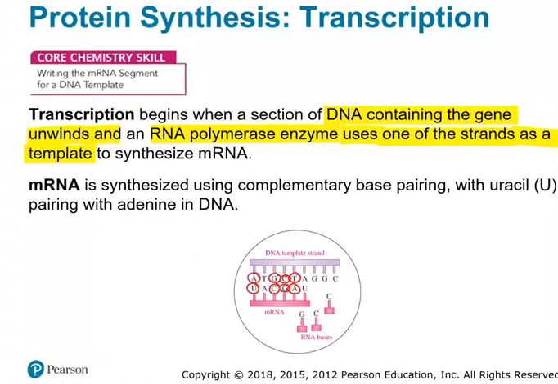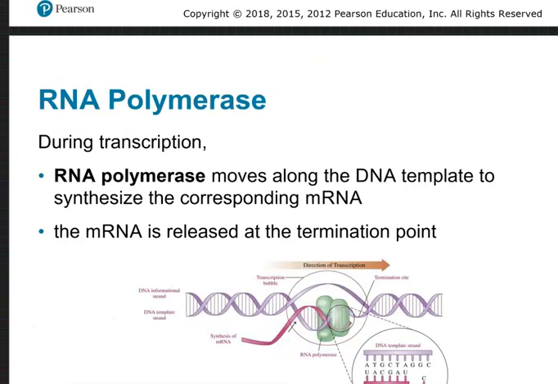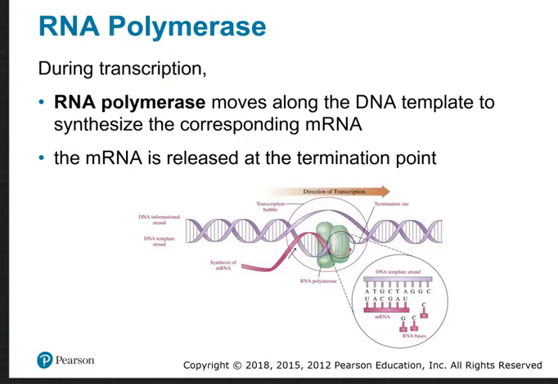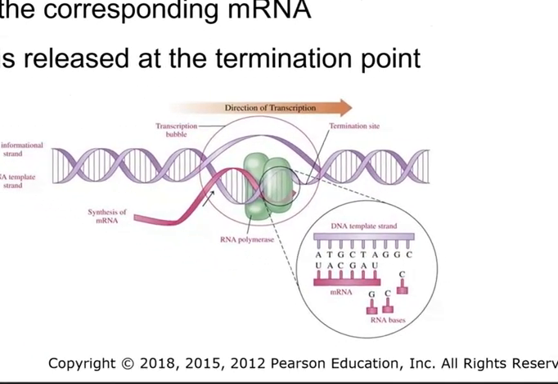So now let's take a more holistic view of the process of transcription. Here you can see the enzyme called RNA polymerase. This is the enzyme that does the entire process.